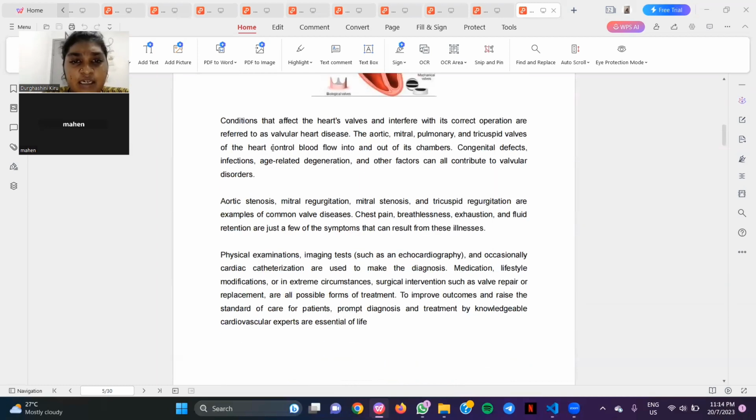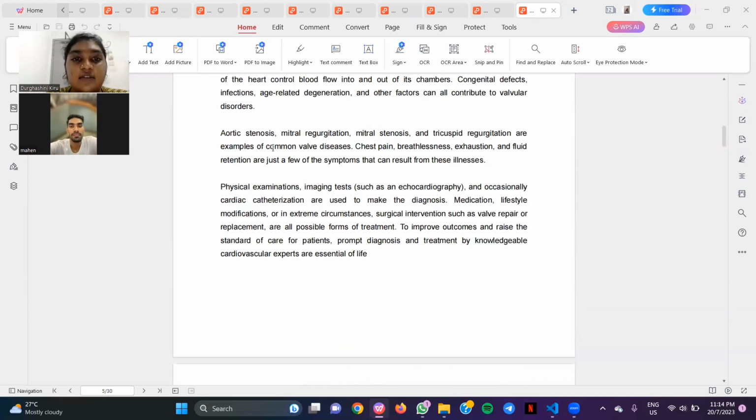Common symptoms include breathlessness, exhaustion, and chest pain and more. The physical examination they should have includes an angiogram and more.